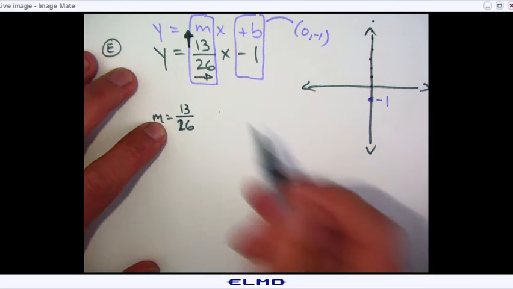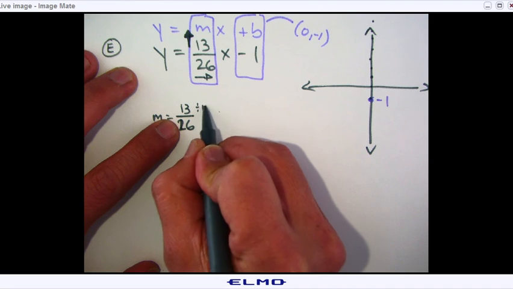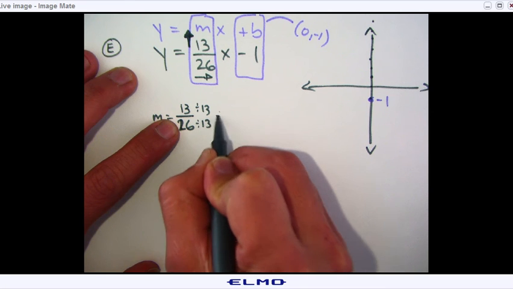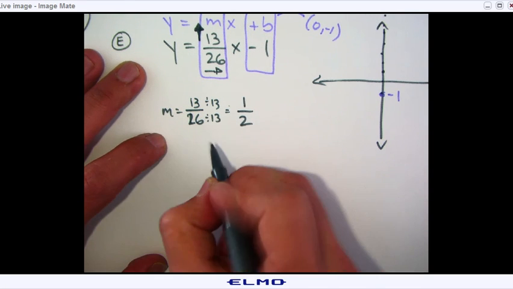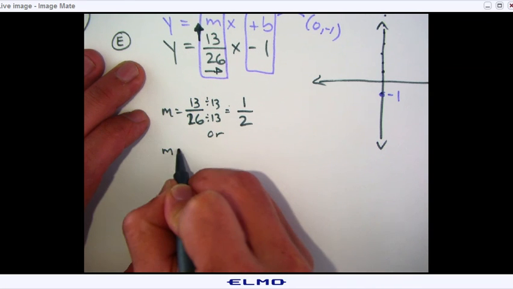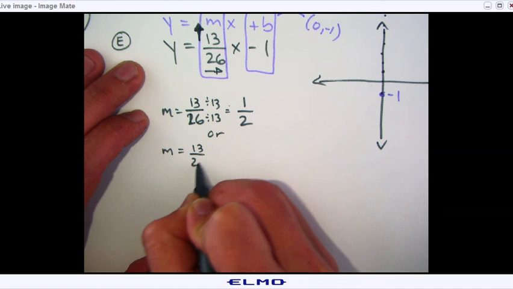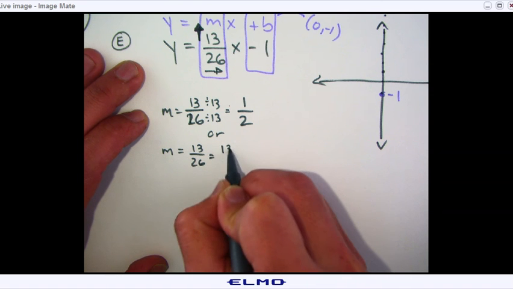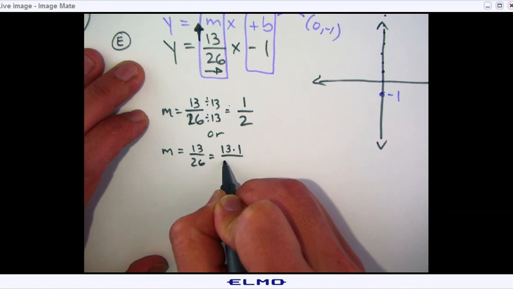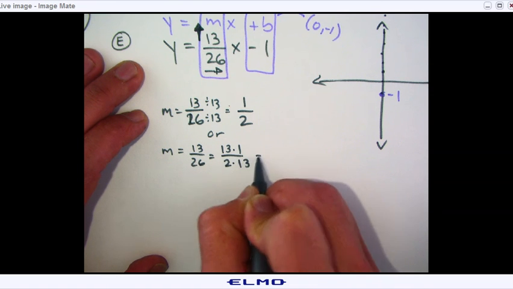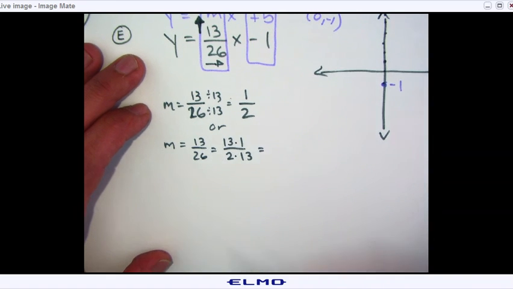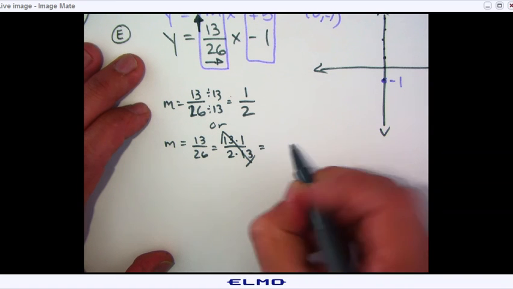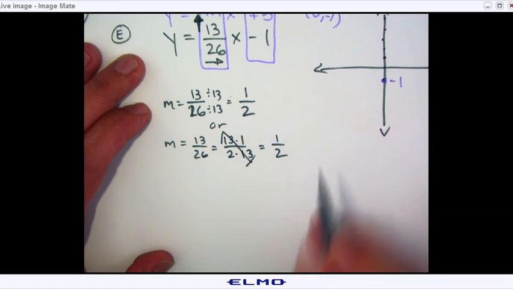Now I'm going to divide by 13, which gives me 1 over 2. Or you could have done this: 13 times 1, and 26 is 2 times 13. And there's your giant 1, the 13. So I'm left with 1 over 2.